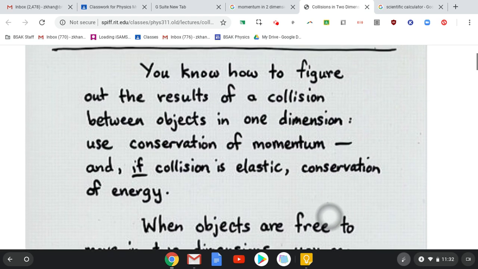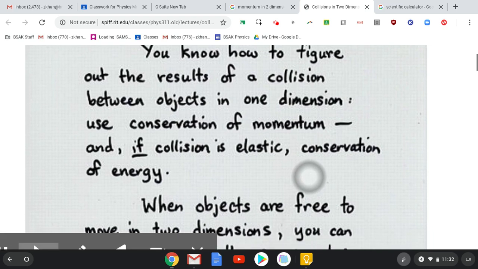And remember, momentum is always conserved, whether it's elastic or inelastic. Momentum will always be conserved, providing there are no external forces acting on the objects before the collision.